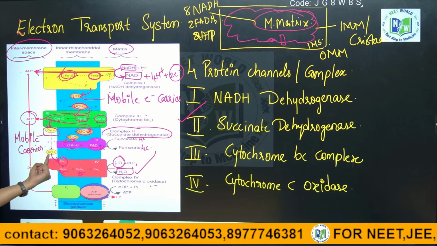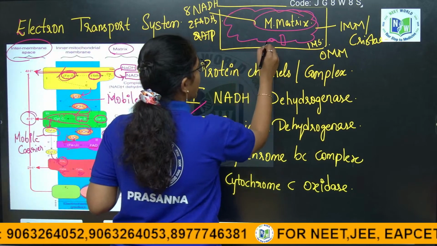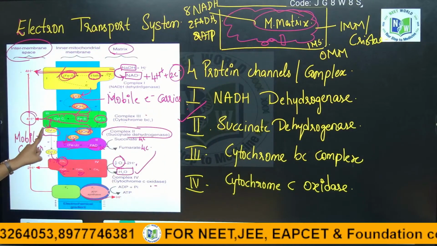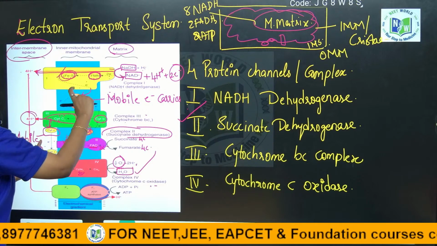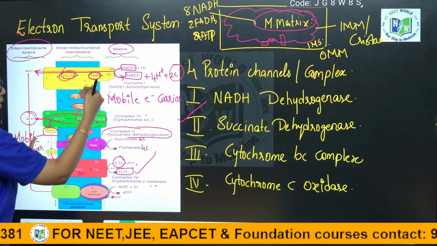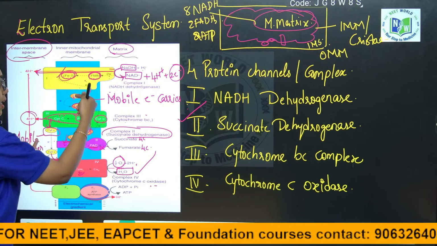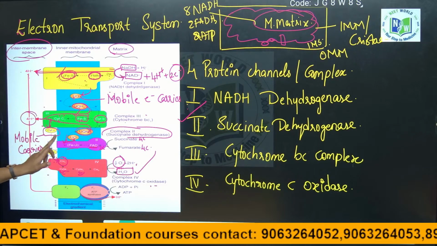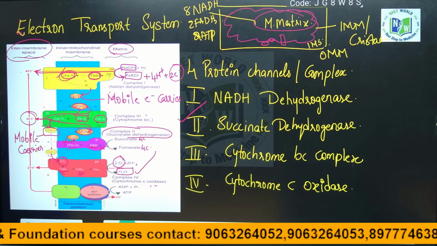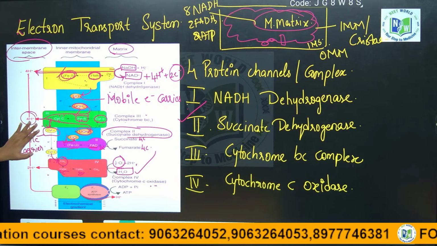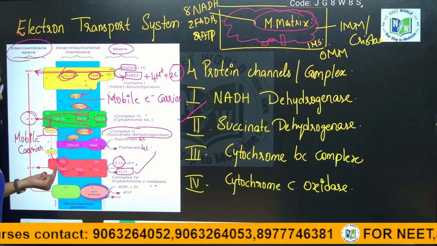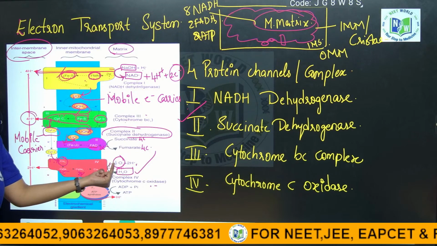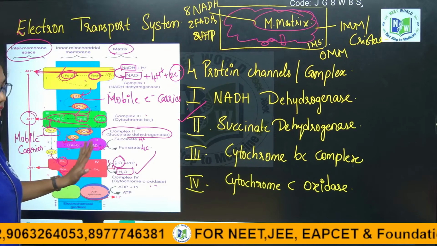Cytochrome C is a mobile electron carrier present outside the inner mitochondrial membrane, in the intermembrane space. The mobile electron carrier between complex 1 to complex 3 and complex 2 to complex 3 is ubiquinone, and the mobile electron carrier between complex 3 and complex 4, present towards the outside of the inner mitochondrial membrane, is cytochrome C. This gives the electrons to copper molecules and then cytochrome A, and the ultimate electron acceptor is the oxygen molecule.